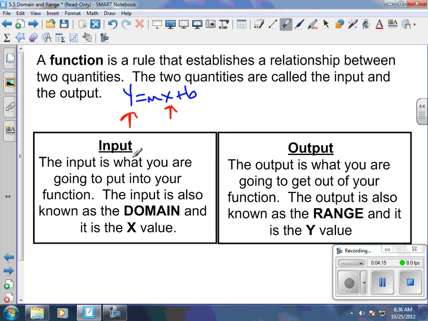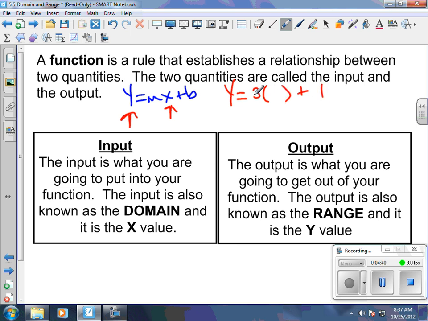The value of my x determines the value of my y. This is a function. I put something into x, I get my y out. Let's look at this. Y equals, let's say our slope is, what do you want our slope to be? 3. 3 times some x value plus 1.